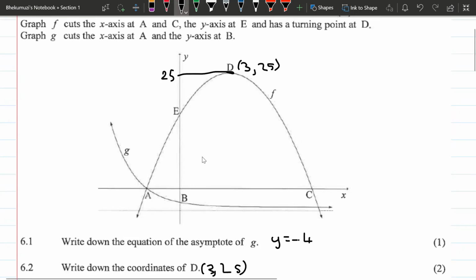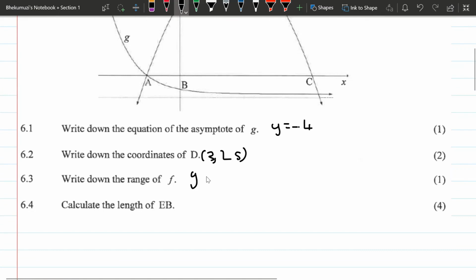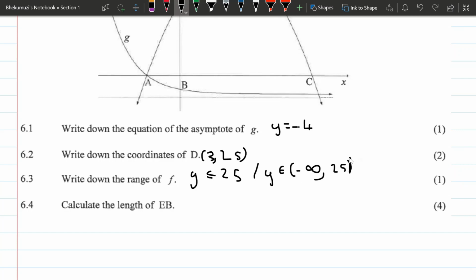So in actual fact, it is y less than or equal to 25, and it includes 25 as part of the range. Or you could have written it in interval notation, where you say y is an element of (negative infinity; 25]. This is a closed bracket because it is included, and this is an open bracket because it is not included.